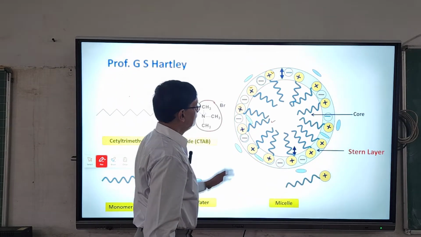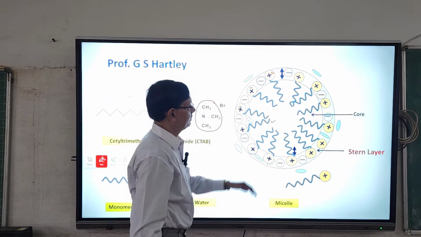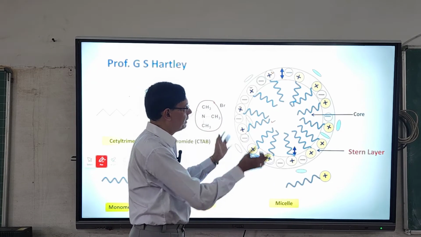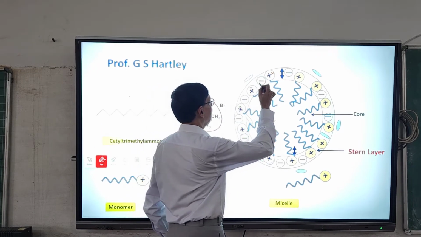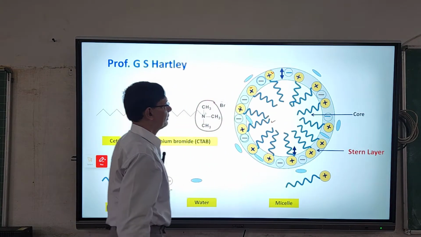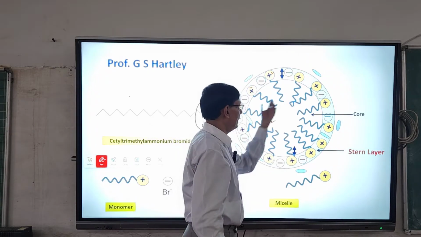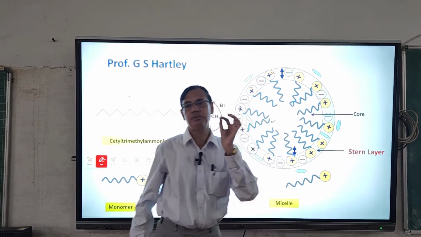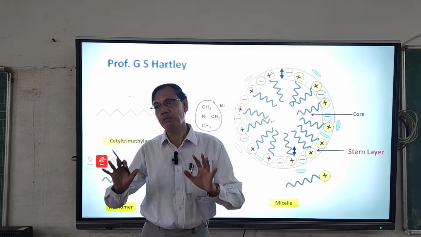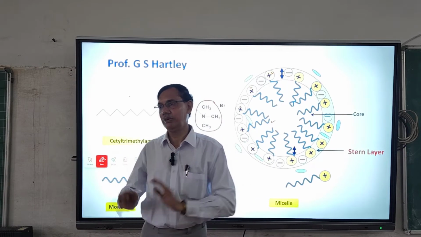In this diagram, you have seen that this is not the exact picture. Here all the counter ions, which are negatively charged, are sitting in the Stern layer. So it is a perfect type of micelle. That means all the counter ions are bound, but that is not the actual picture.